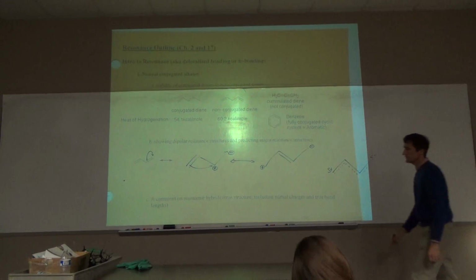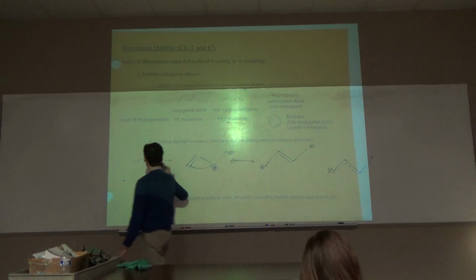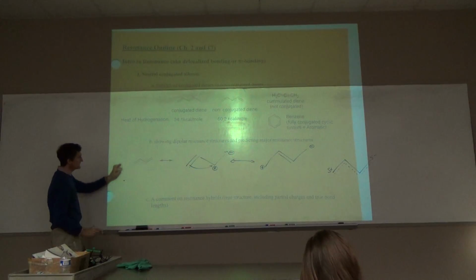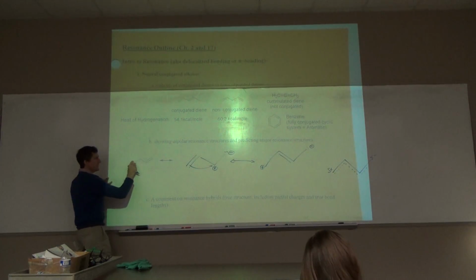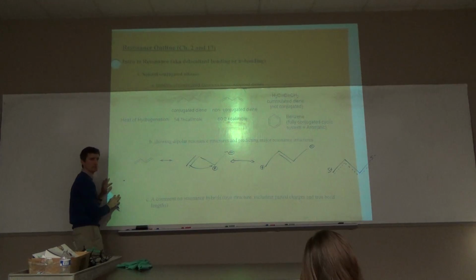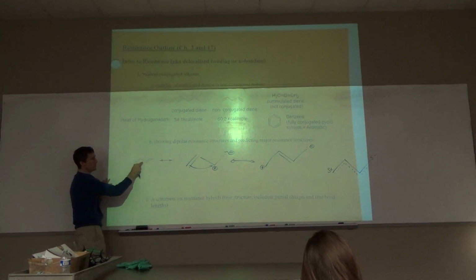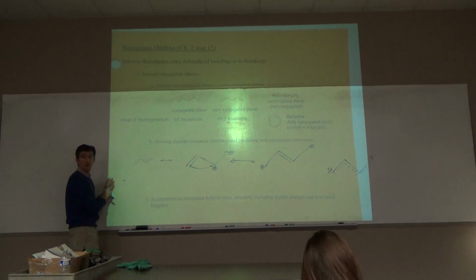Here's something very important though. Let's take stock of what we have here. How many p orbitals are conjugated in this molecule? It's the same molecule above, except it doesn't have the methyl.